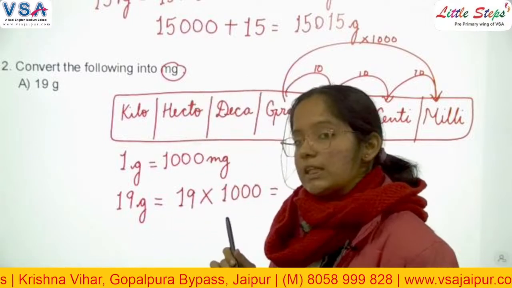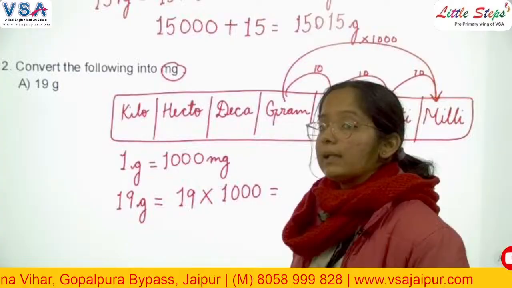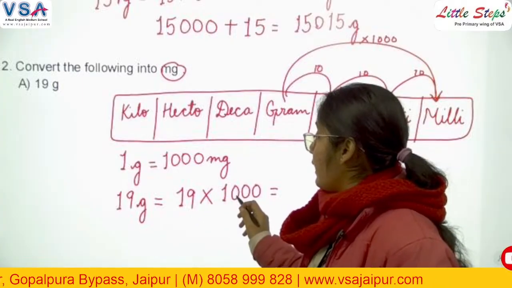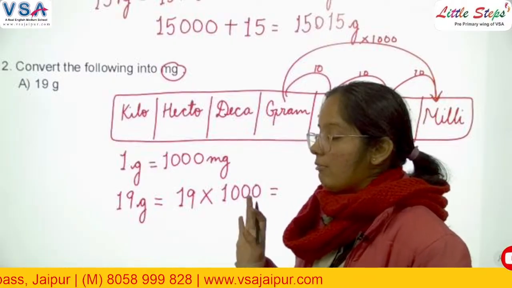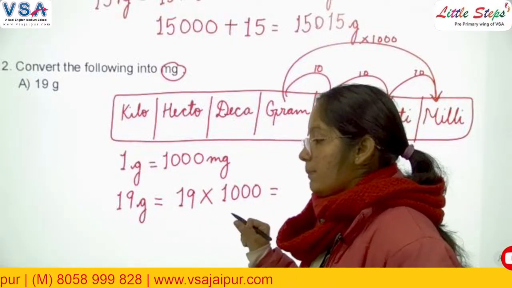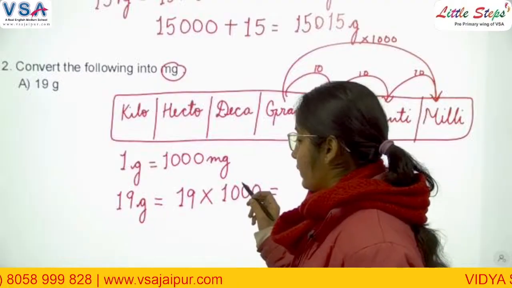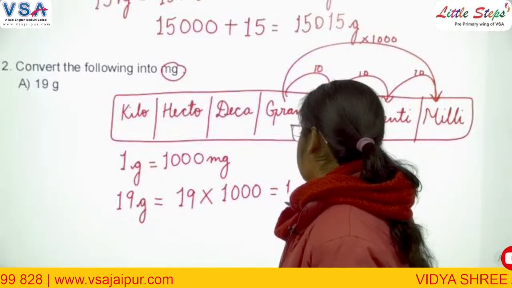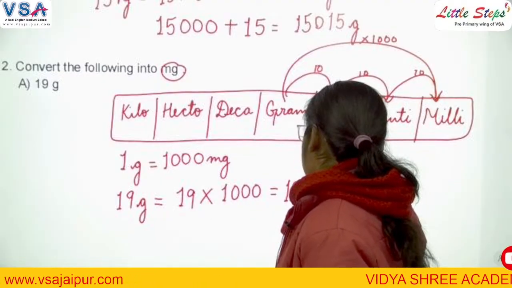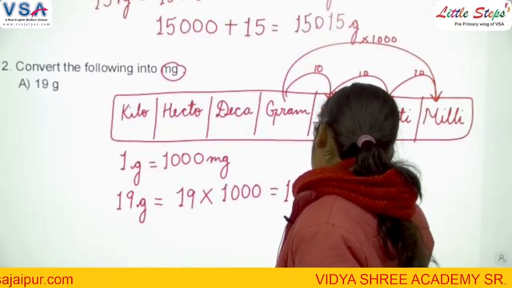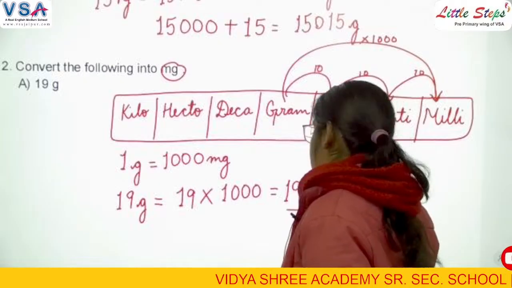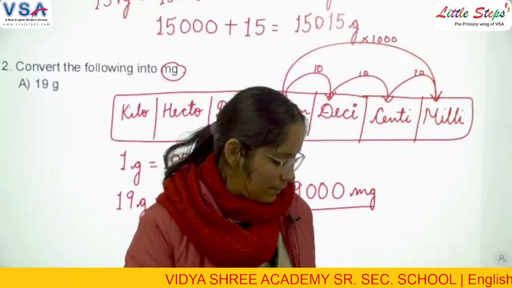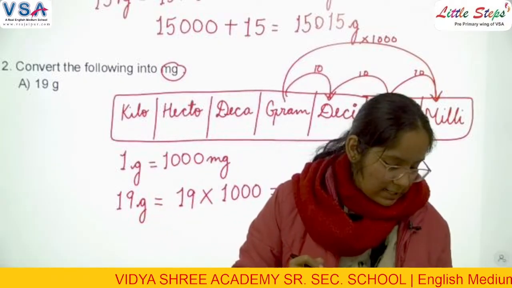It is just 1000, not 2000, 3000, or something like that. Whenever we multiply any number by 1, it is equal to the same number. So 19 multiplied by 1 is 19, and 3 zeros here, it will turn 19,000 milligrams. This is our answer. I hope I am clear about it. Let's move ahead.